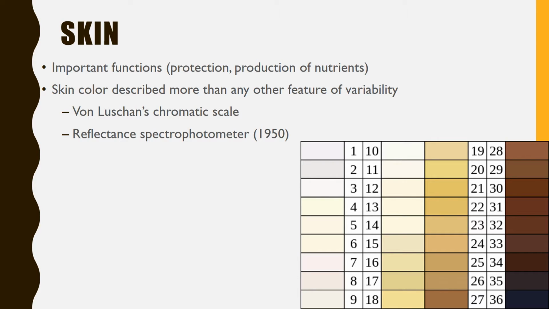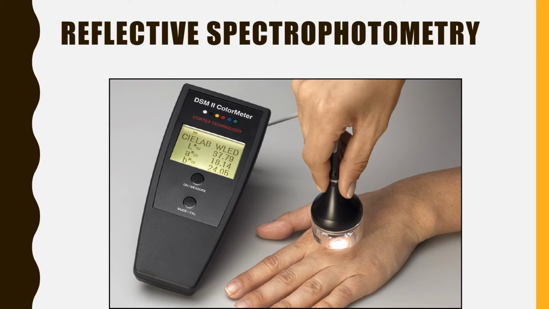And this is really the type of measuring system that was used in science up until the 20th century when the reflectance spectrophotometer was introduced. This machine, and you can see here, is kind of a more updated version than what they were using in the early 20th century, but this machine works by shining a light that has a specific wavelength onto the skin, usually done on the upper surface of the hand, like you can see here, or on the upper arm's surface.